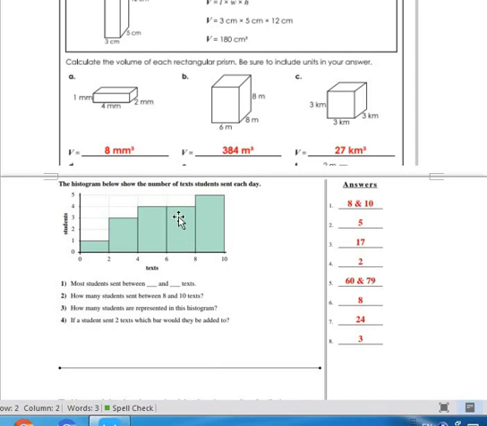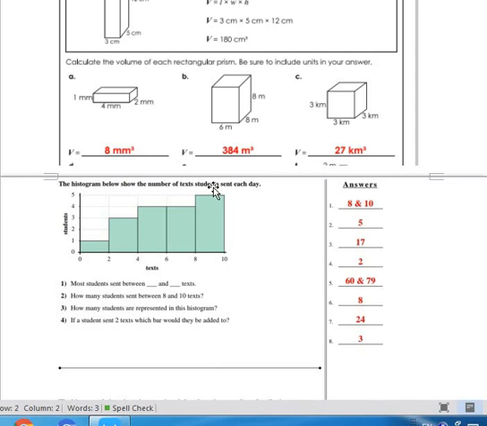This is also 4. So now we have reached 12. 12 plus 5. Can you see 5? So it will be 17. I'm adding the students from my histogram. This indicates 1 student, and from 2 to 4 it indicates 3 students. From 4 to 6 it indicates 4 students. So I'm adding the number of students from the histogram.